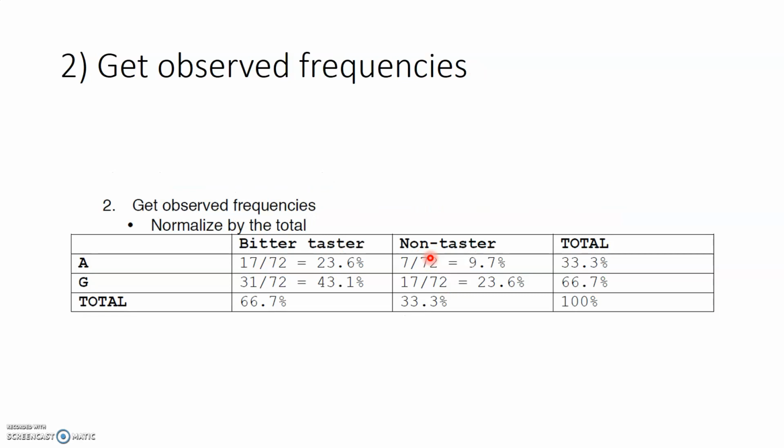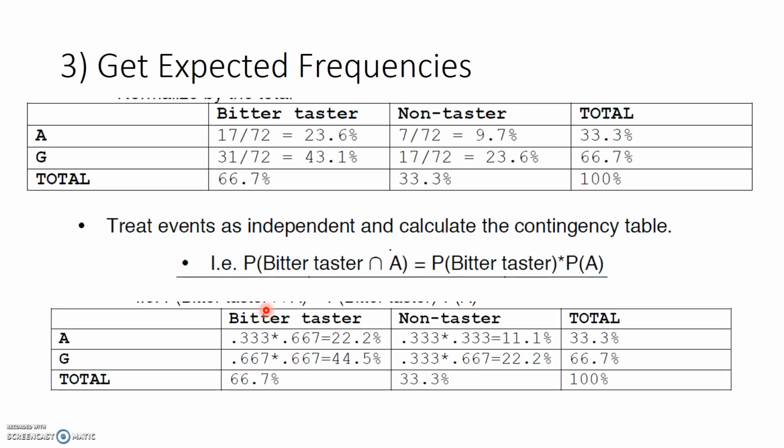Once we have our observed allele counts, we then convert this into frequencies. We divide this by the total number of alleles in our overall population, and so we get our percentages, pretty easy to do there. Then we calculate our expected frequencies and determine our expected counts. Here's our example contingency table from our last step. We're treating each event as independent.